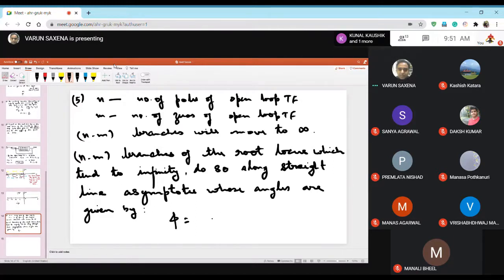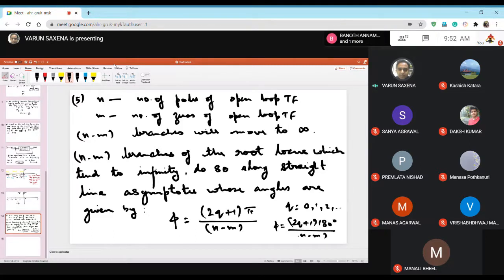phi equals (2q plus 1) pi over n minus m. So this is a formula, and here q varies from 0, 1, 2, 3 and so on. If you write pi, this angle is going to be in radians, or if you write phi as (2q plus 1) 180 degrees over n minus m, then you can just say that this angle is going to be in degrees.